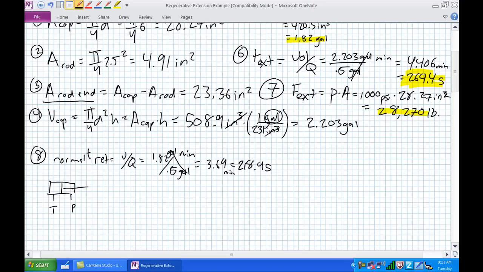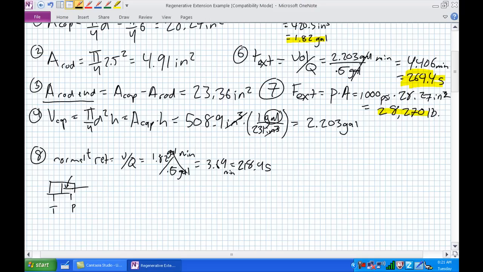Okay, now let me pose the following conceptual question to you. Would this thing retract faster or slower if we kept everything the same but increased the rod diameter? And the answer is it should retract faster, because think about this.